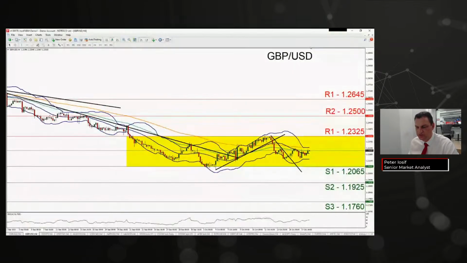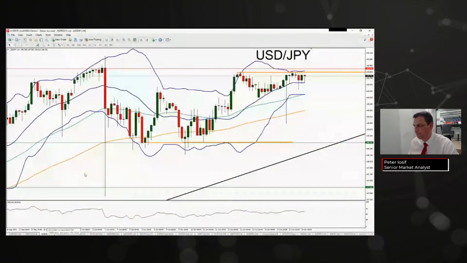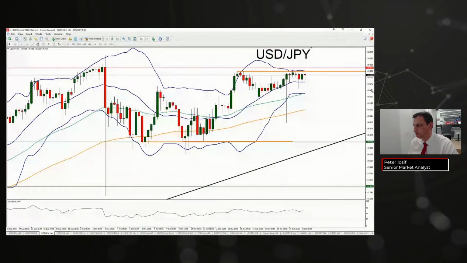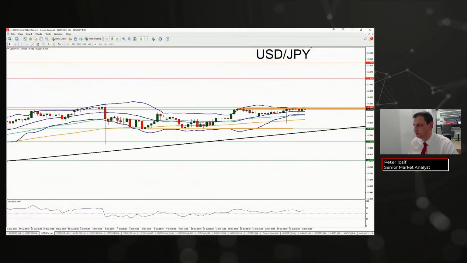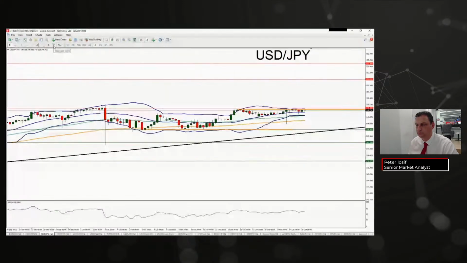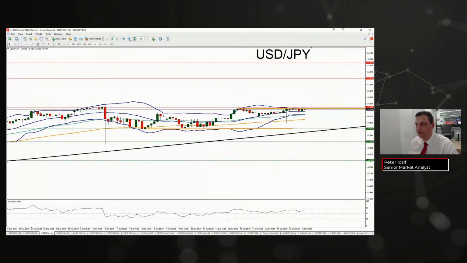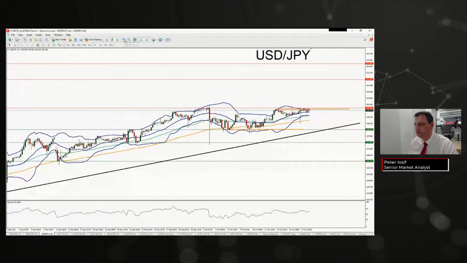Let's move now to USD JPY. Zooming a little bit out. That's better. I would like to drill into the daily chart here to have a look at the upward movement.